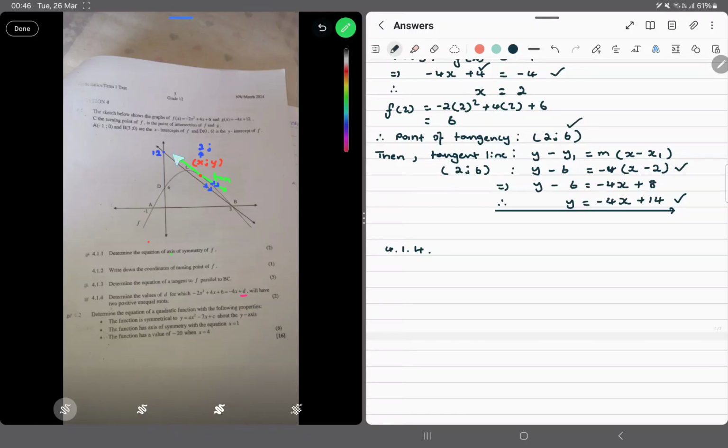So if we extend our tangent into the y-axis, we can see that the y-intercept is 14. Okay? So that is 14. Great. So we are looking for a line that will have 2 positive unequal roots.